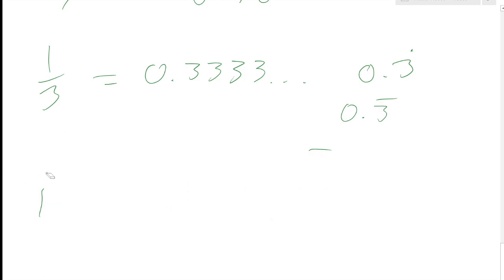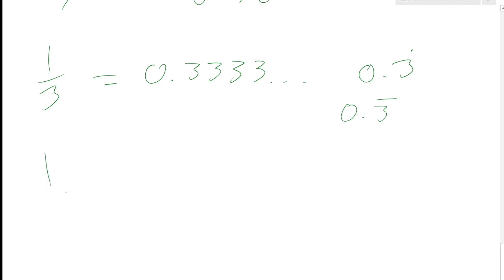So how do we work out the decimals of, or recurring decimals of fractions like this? Generally we don't, it's not something we're asked to do, but there is a way, and that way is this.